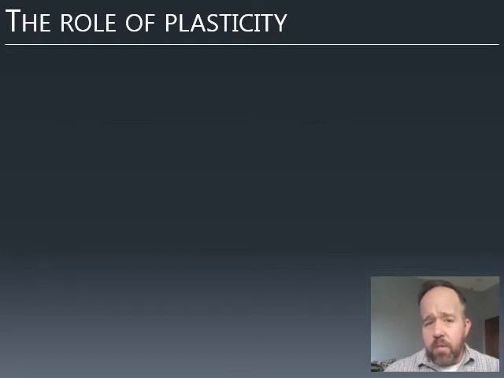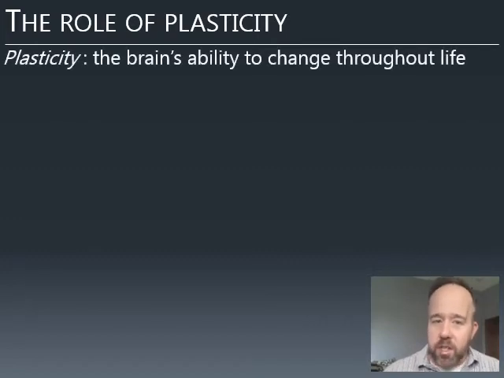But especially if the cortex is injured, there does seem to be some ability for the brain to kind of reform itself, to rededicate certain areas to new functions. And that's what we call plasticity. And that is the brain's ability to change throughout life, not just during development, but again, in response to injury or response to experience, the brain can change its structure on a small scale.